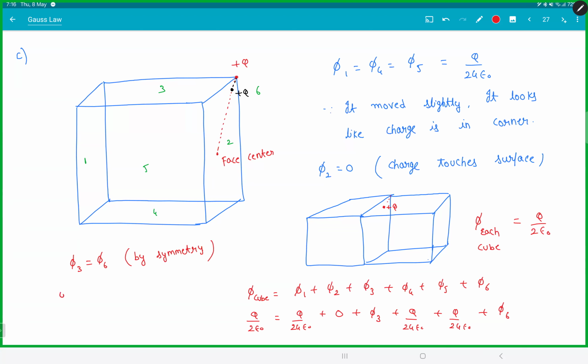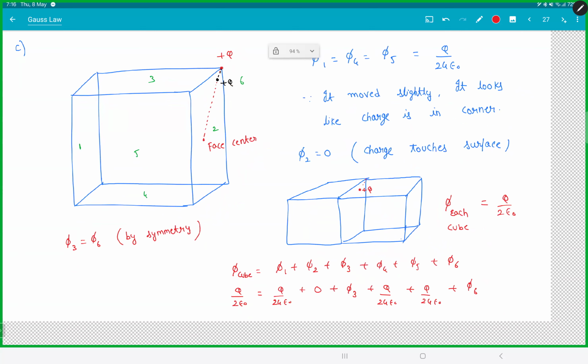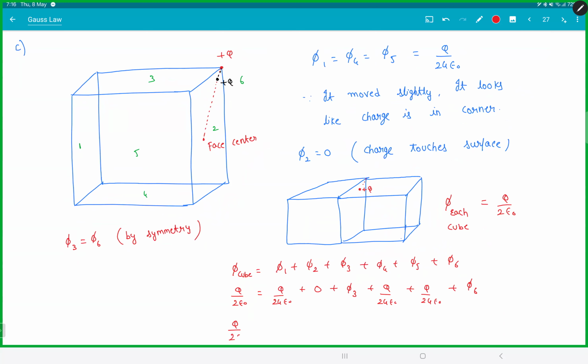So from here you can clearly see, q by 2 epsilon minus q by 8 epsilon will be flux 3 plus flux 6. Therefore, flux 3 is equal to flux 6 is equal to 3q by 8 by 2, 3q by 16 epsilon.